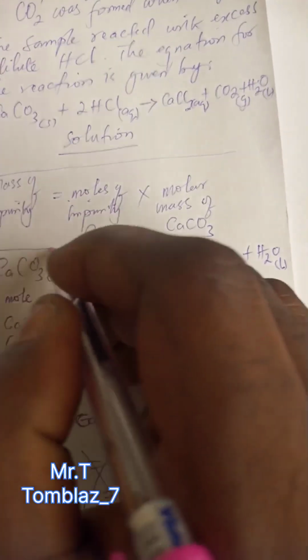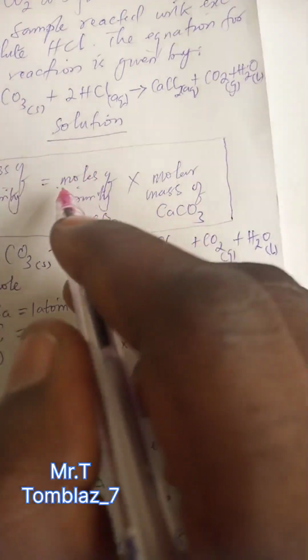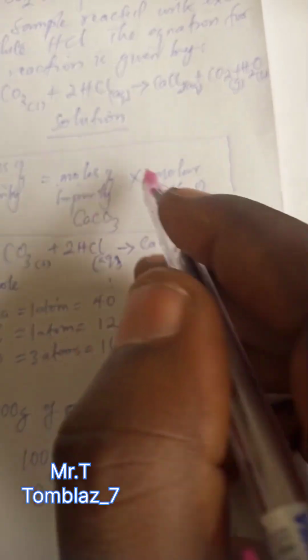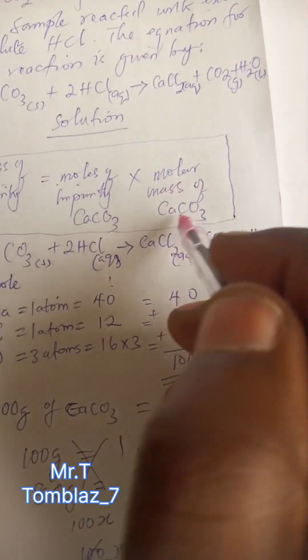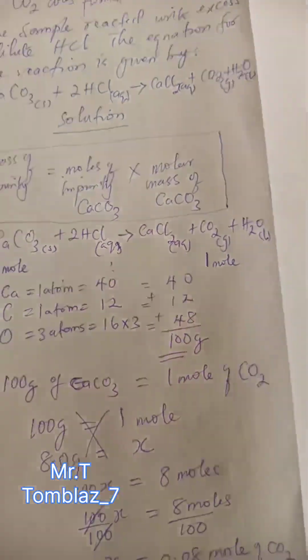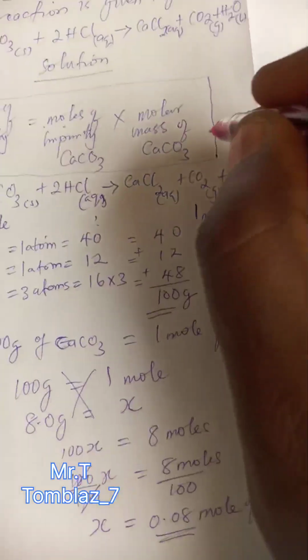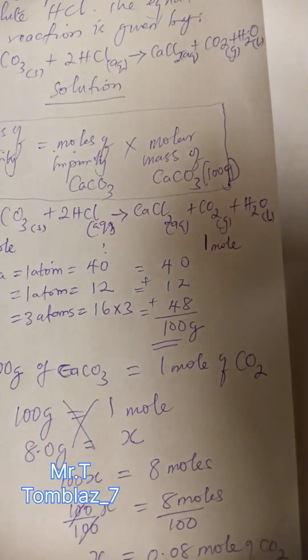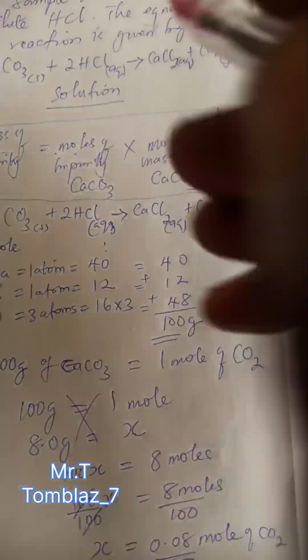So if you go back to this first equation that I wrote here, it says mass of impurity is equal to moles of impurity times molar mass of calcium carbonate. We already know our molar mass to be 100 grams, right? We've calculated it. What about the moles of impurity?